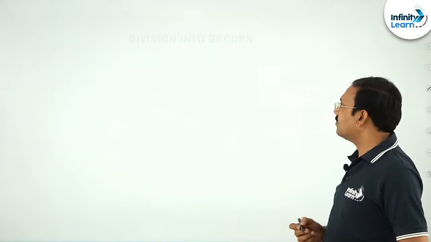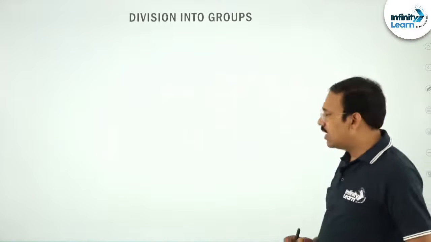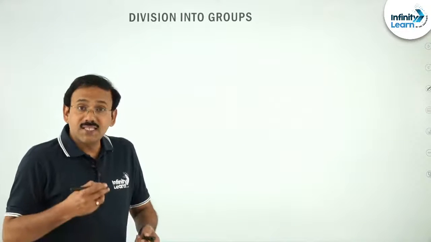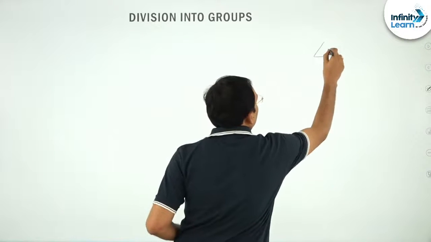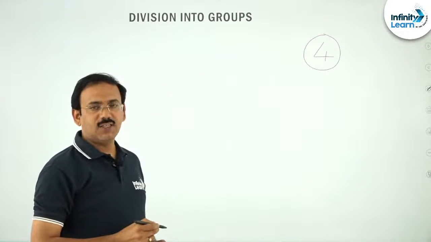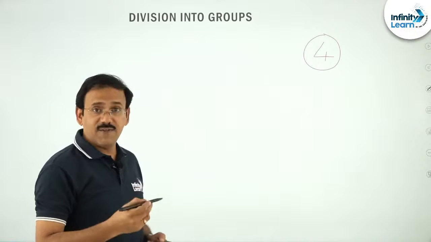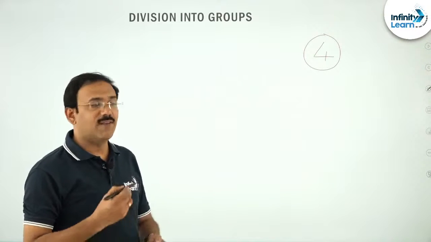First, division into groups. Suppose you have 4 dissimilar objects, say 4 different kinds of chocolates, which are to be distributed. First let us divide them into 2 groups. In how many ways can we divide?